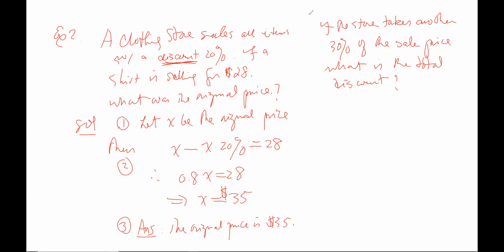So first we let X be the total discount. And X is equal to 100 minus 1 minus 30% times 1 minus 20%.